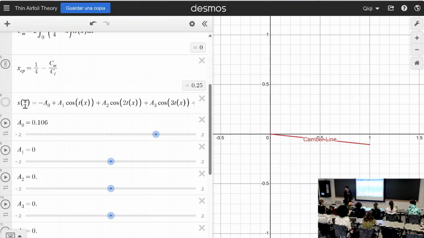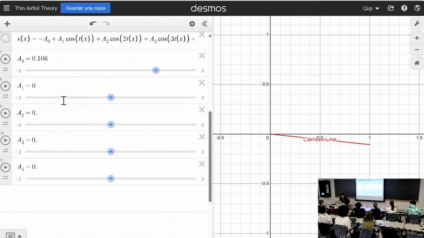Does it make sense? This is actually an angle of attack term. The airfoil pitched up like this is exactly the same as if the free stream goes up and the airfoil didn't change. So A0, a constant term in the slope, basically represents angle of attack.